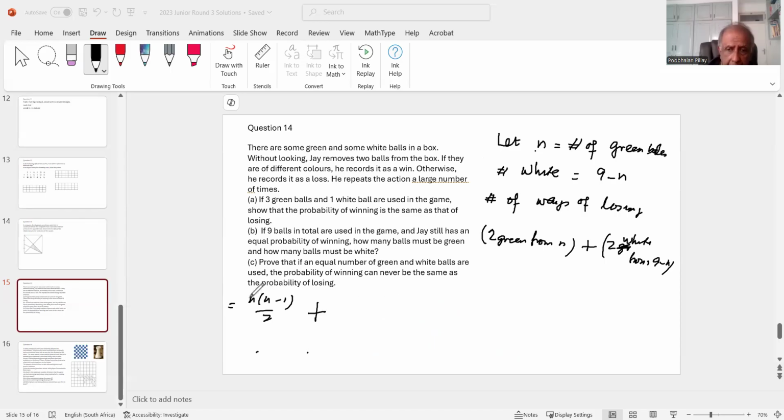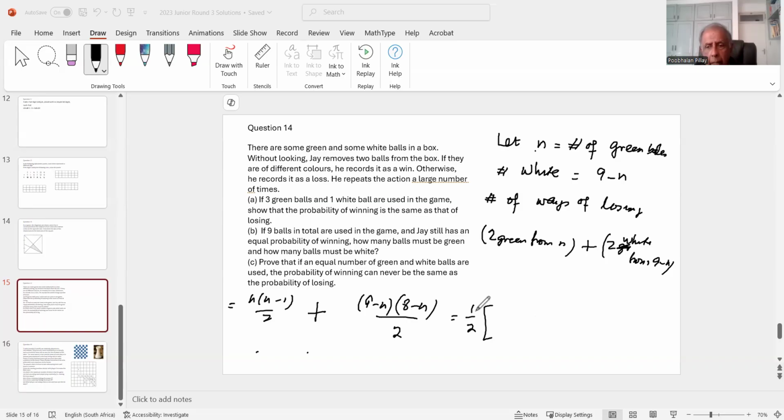Now n is the number of green balls, so the white balls are 9 minus n, and the next one is 1 less than that, which is 8 minus n. So 2 from 9 minus n is 9 minus n times 1 less than that over 2. And then you can calculate this.